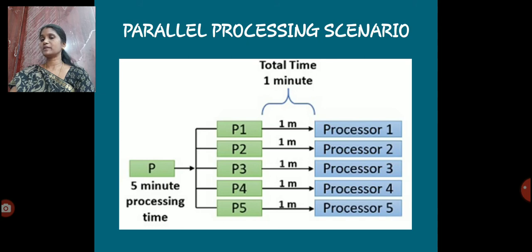Each and every subtask will take only 1 minute, and everything will be executed simultaneously. So the process which takes 5 minutes will take only 1 minute when carried out with parallel processing. That is the biggest advantage of parallel processing.